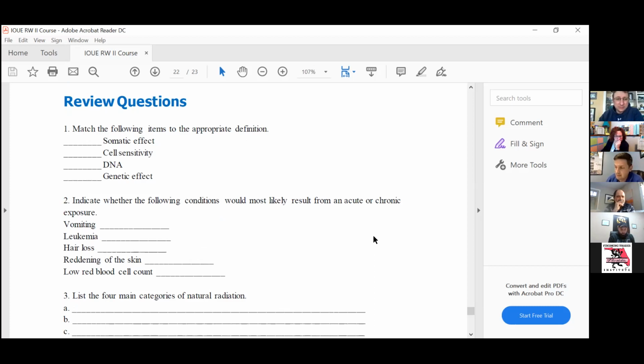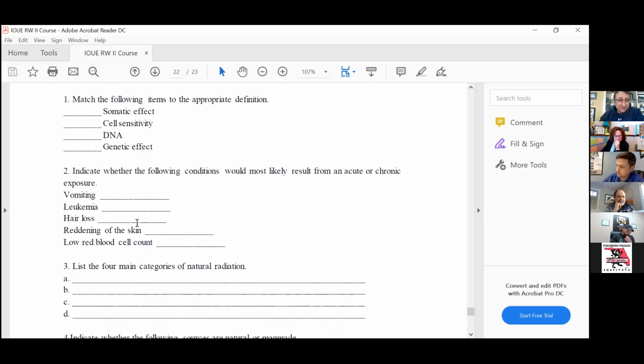DNA is essentially the blueprint for your cell. And the genetic effect is something that's passed on. Right. And so somatic effects are what happens to us as the person, and it can be delayed or immediate, right? Good.